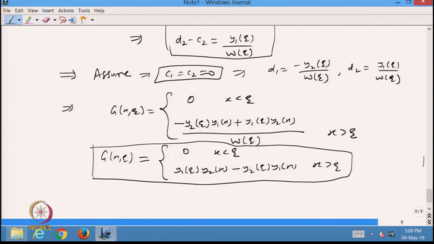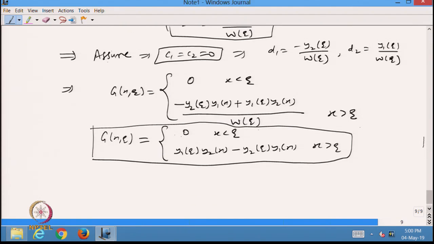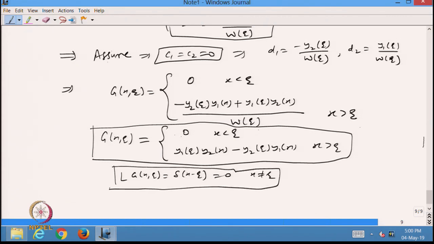I am also solving this equation, which is basically 0 when x is not equal to xi. This equation does not have a unique solution, because if g(x, xi) is one of the solutions, then g(x, xi) plus y_c, the complementary solution, is again a solution of this equation.